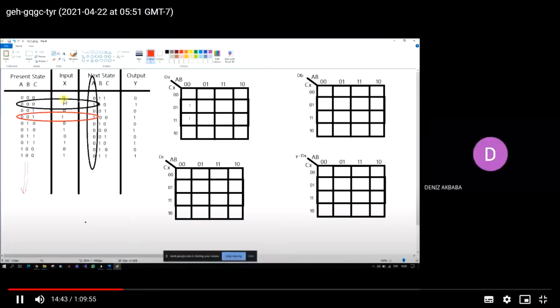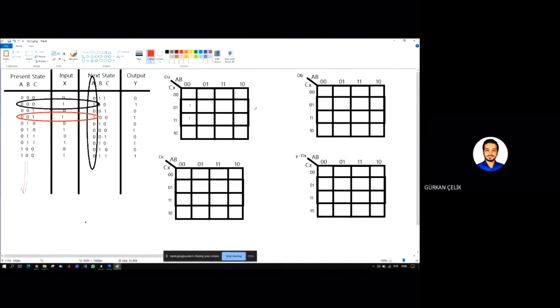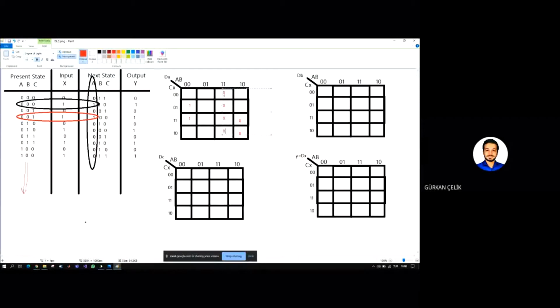Will they be don't cares? Yes, don't cares should be filled in these parts. So if the last row is 1001, here should be X, don't care, and here the whole column should be filled with don't care. So now this Karnaugh map is ready.